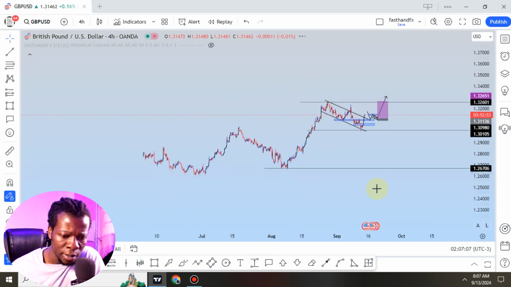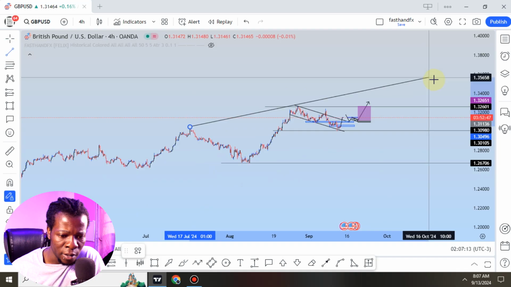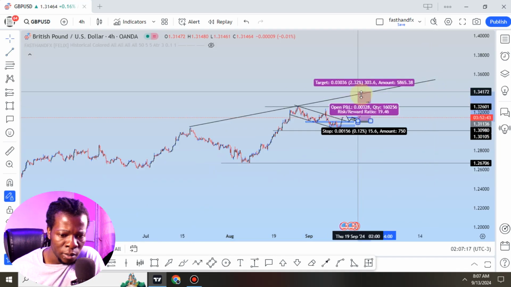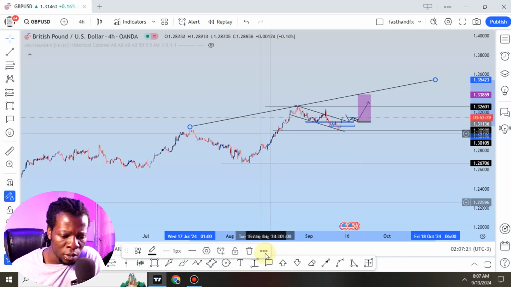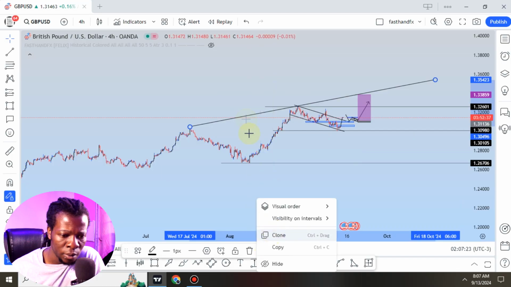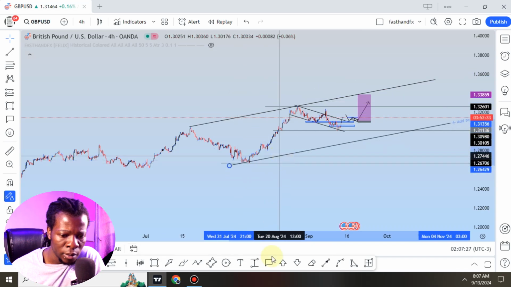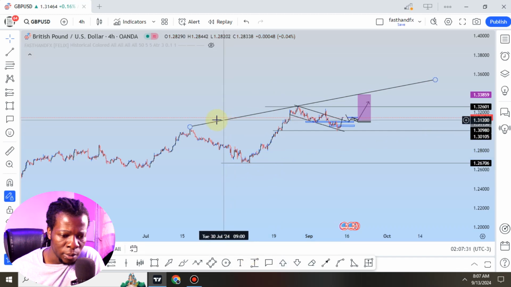So that's it. Let me see. Probably if we have a trend line just over here for a confirmation, I hope. Let's see, maybe that should be it, and I'll try to clone it. If that makes sense. No, that doesn't make sense, so we'll try the next one.